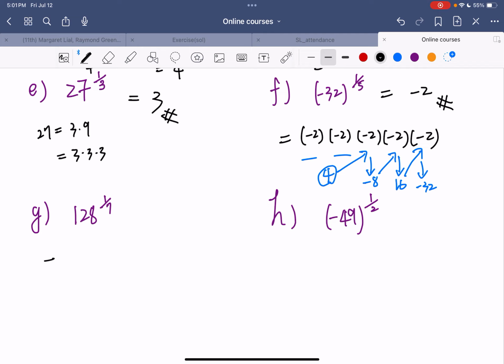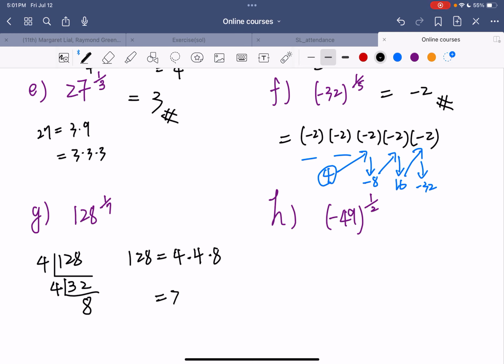Okay, here. So we can write 128 and try to find all its factors. I'll use 4. Okay, 4, 3 is 12, 2, 8. Okay, so another 4, we can get 8. So we can know that 128 is made by 4 times 4 times 8.